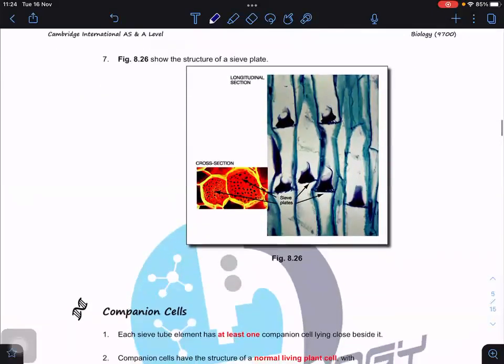If you look at this diagram, you can see the structure of the sieve plate and the pore again. Can you see that the part without the sieve plate collapses when under tension? But it is not totally collapsed thanks to the presence of the sieve plate.